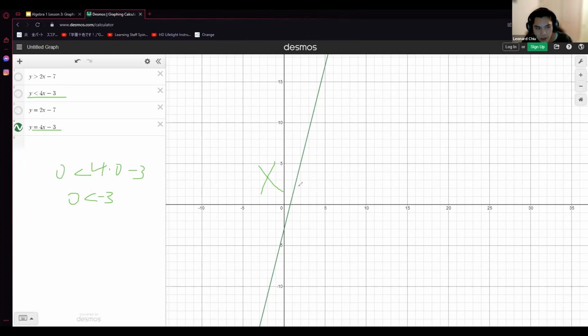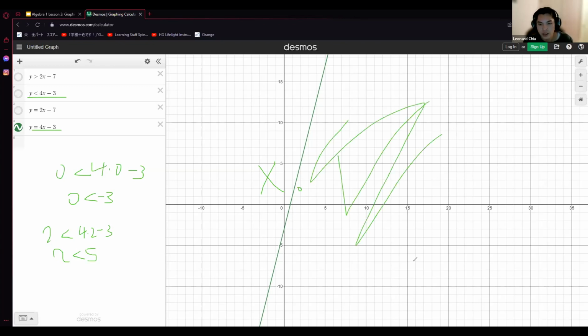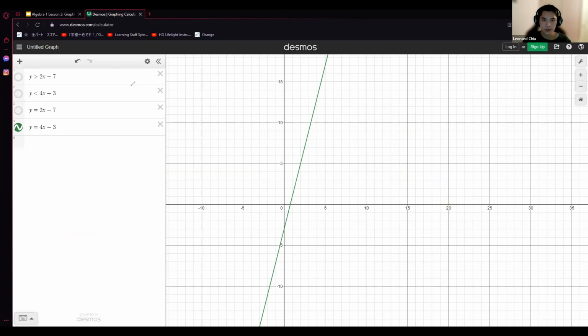So let's use 2 comma 2 because it's right here. 2 is smaller than 4 times 2 minus 3. So that will become 2 is less than 8 minus 3, which is 5. And is that true? Yeah, it works. So we know that it's going to be shaded right here. Now when we combine those two, we're going to see this.